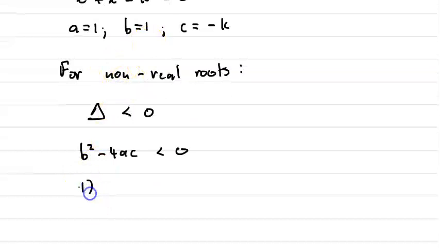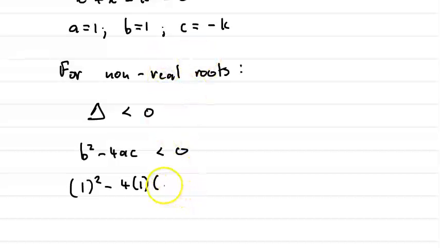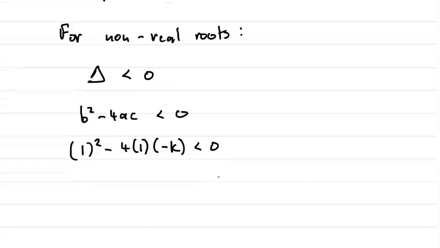So that's 1² − 4 times 1 times c, which is −k, must be less than 0. So therefore we have 1, and if we simplify this, minus times minus is a plus, so that will be plus 4k less than 0.